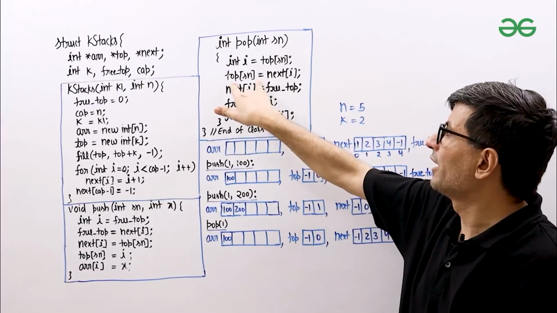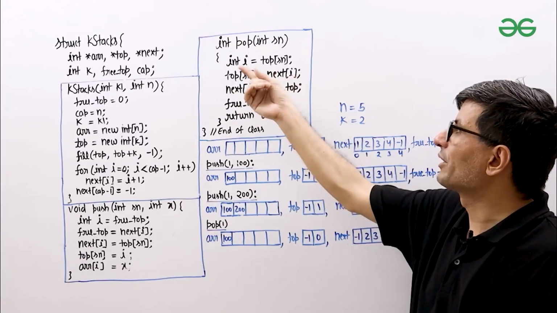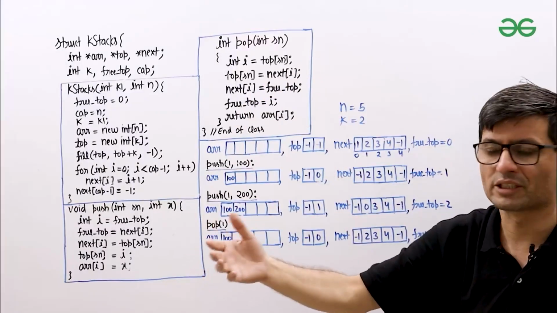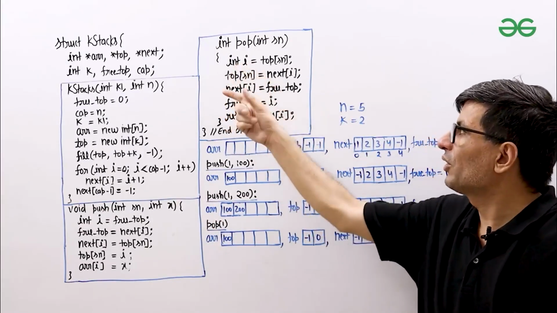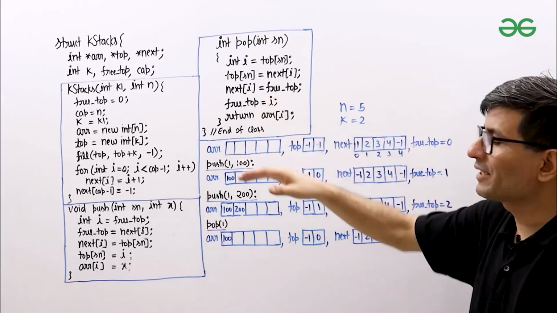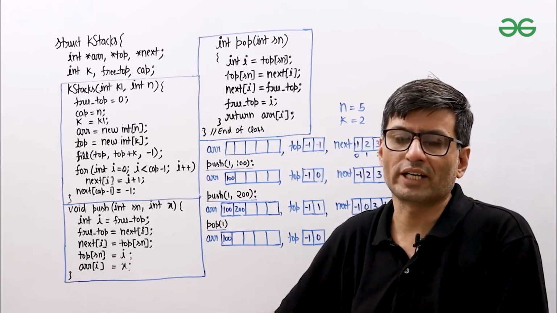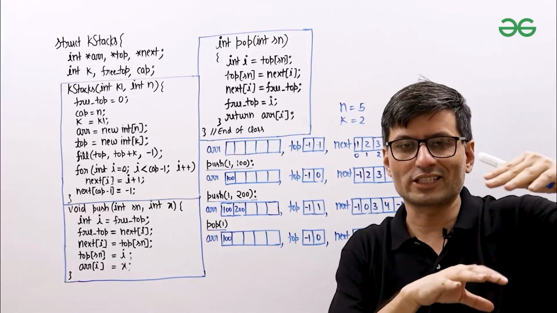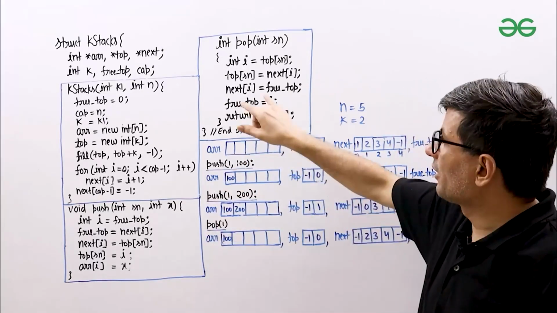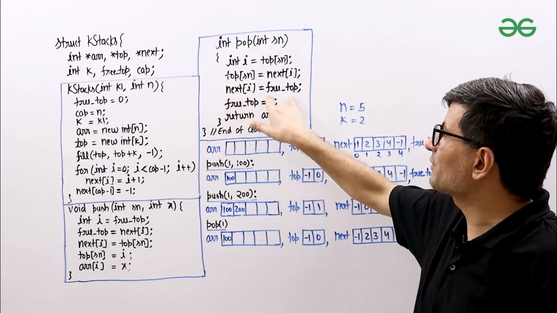Top of Sn, and if I use this index, next I would give us the next of the current item in the stack. And then for the index of the previous top, we make the current free top the next of it, right? Because this item is now going to be on top of the free slots. So we make next of I as free top, right?